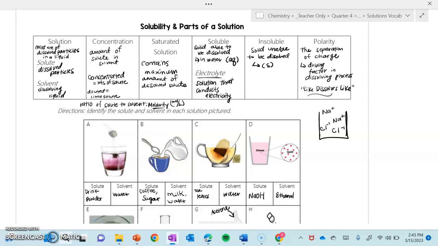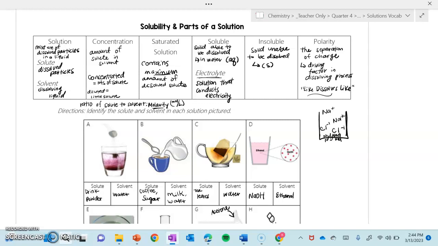If I were to add more salt to my saturated solution, I already have saturation. It's my maximum amount. So instead of being dissolved, any extra salt that I add will just clump up at the bottom. It will not dissociate anymore. So I will just have NaCl collecting on the bottom. That is a saturated solution.